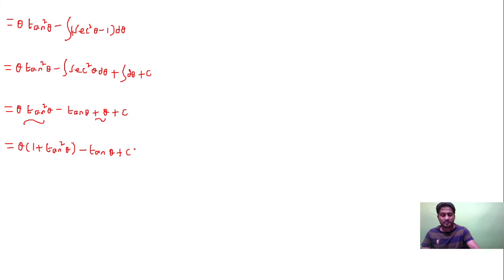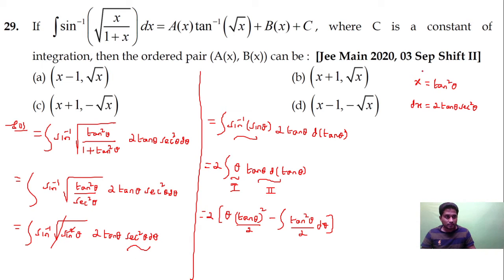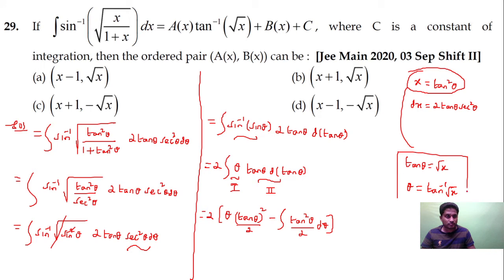So what is theta here? From x is equal to tan square theta, I can write tan theta is equal to root x, so theta is equal to tan inverse of root x.